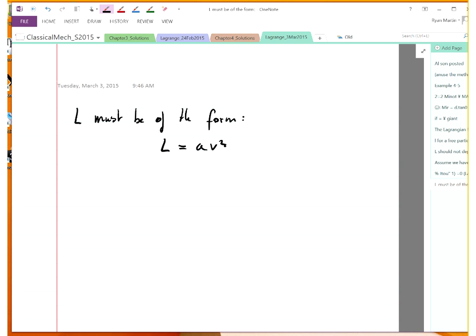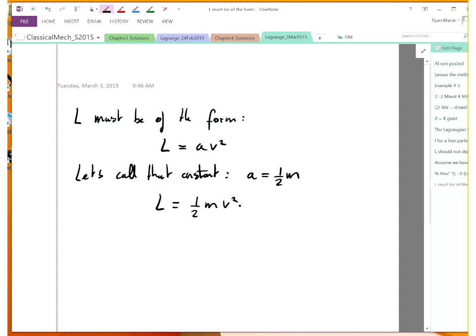So for a free particle, the Lagrangian must be some function where it's a constant times v squared for a free particle. So let's call that constant a half m. So L is a half m v squared for a free particle.